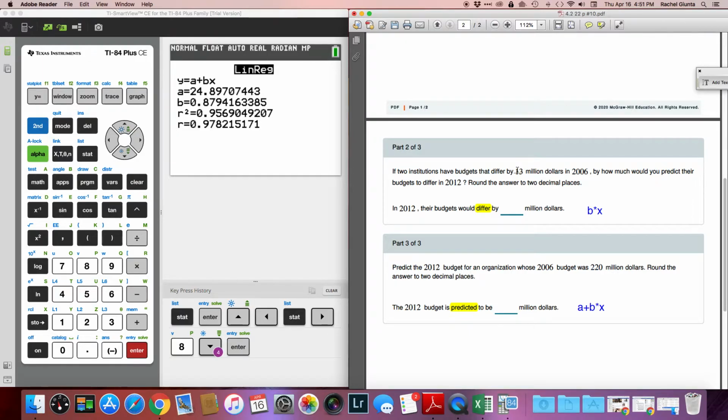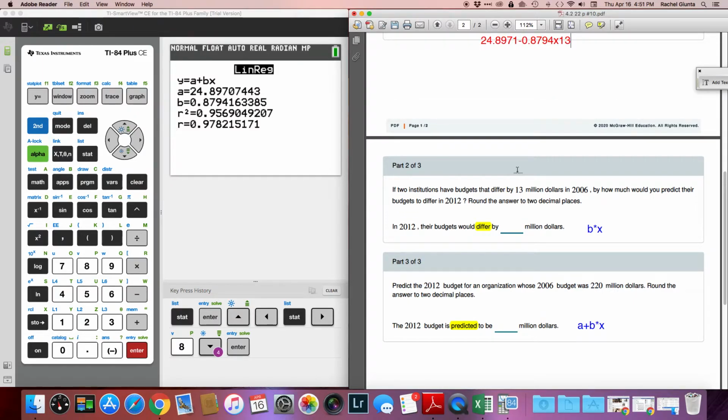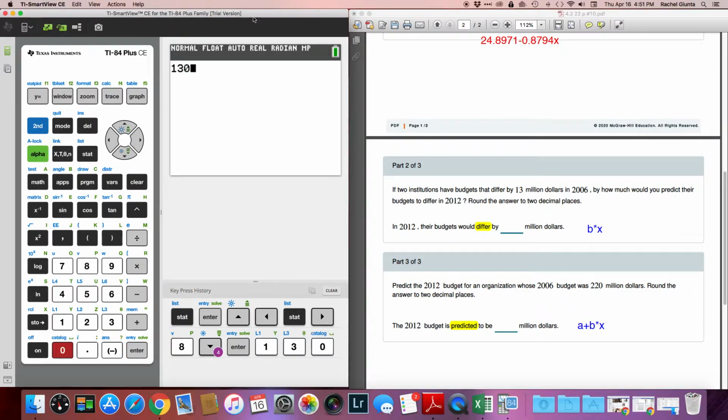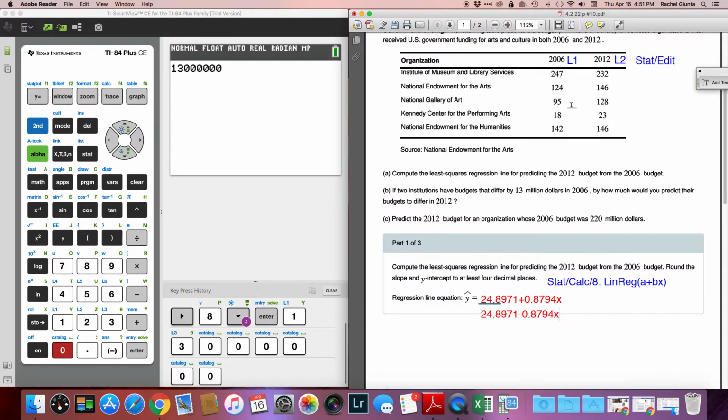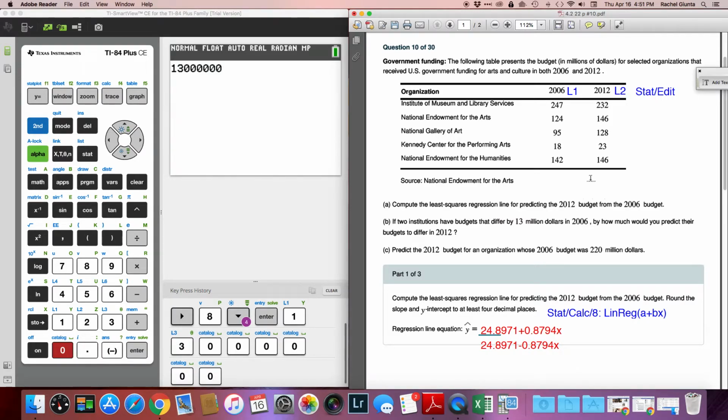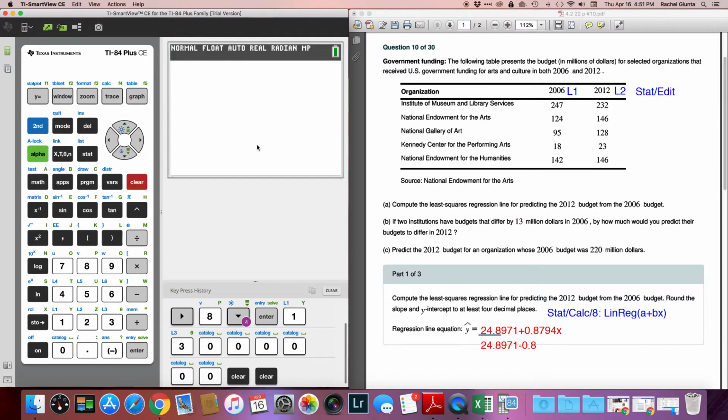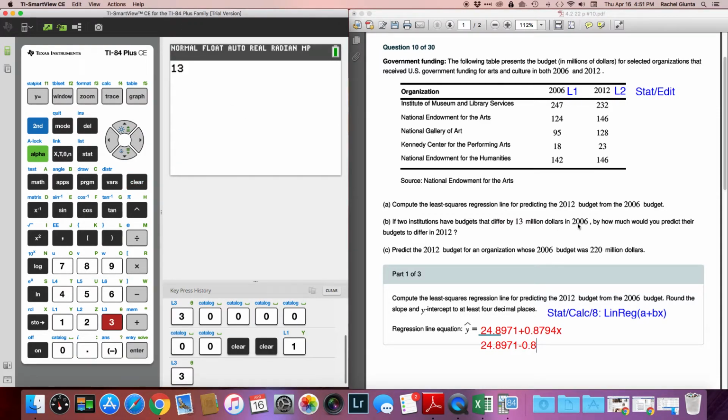If you enter 13,000,000, you will not get the right answer, because the original numbers that were given to you are already in millions of dollars, which basically means that they just want you to use 13.